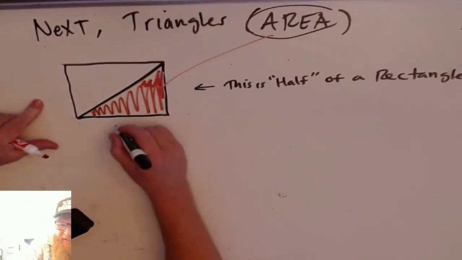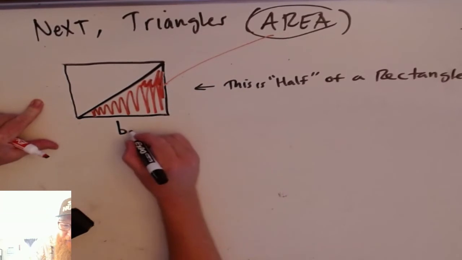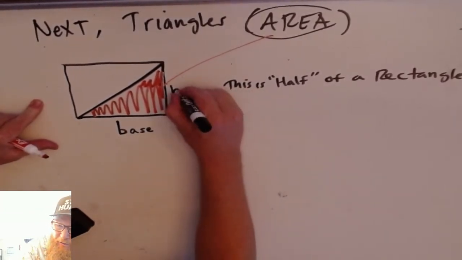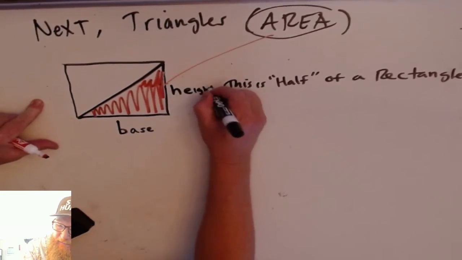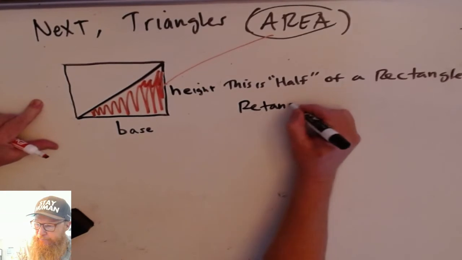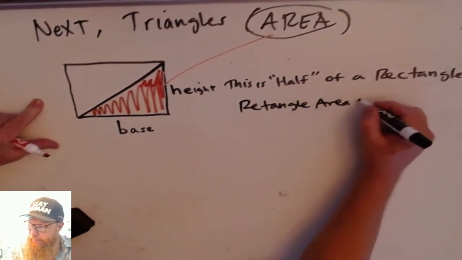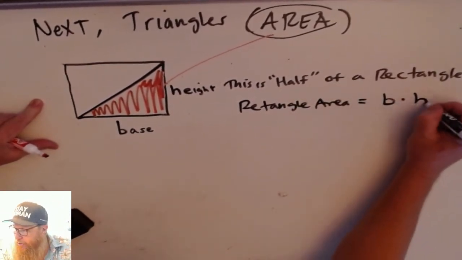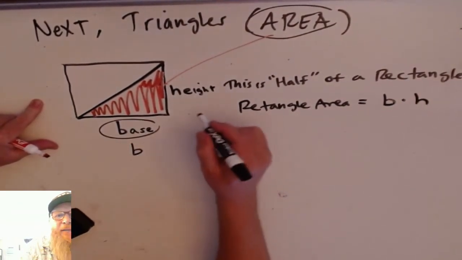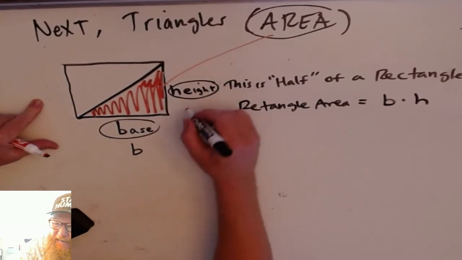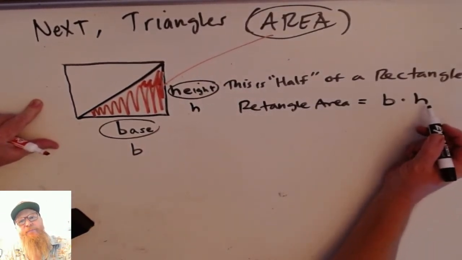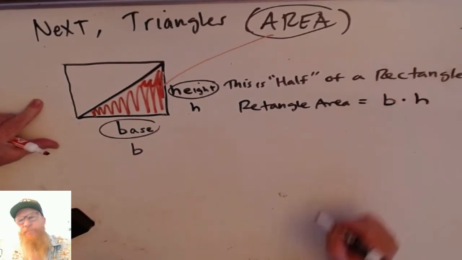So if this is B for base, and this is H for height, the area of a rectangle is BH. Yeah? Base, B. I know it looks like a 6. I got to be careful. Height, H. So base times height. Multiply with a dot.